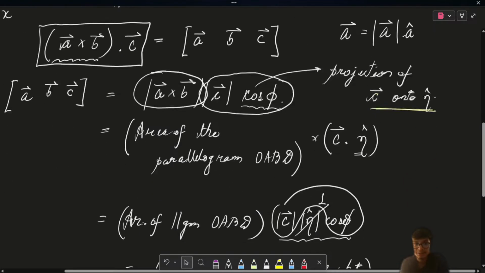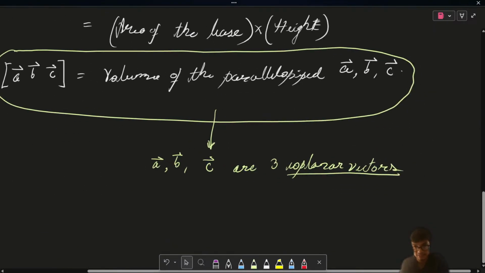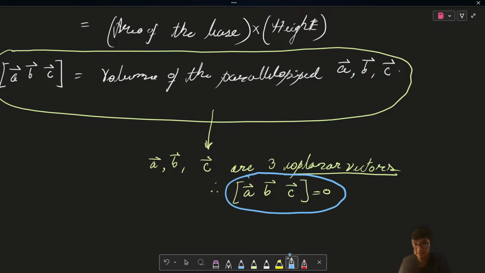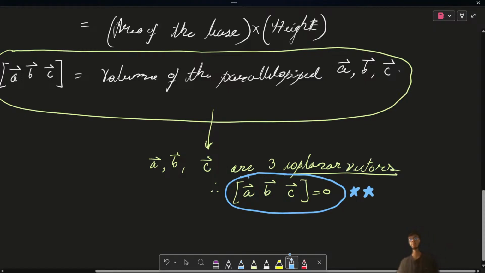So if my three vectors lie in the same plane, then the projection result is 0, and that implies that my scalar triple product will be simply equal to 0. Whenever this relation holds true, it is an indication that the three vectors are coplanar vectors. So please note this result, because we will be using it simultaneously in solving questions. I hope this is clear to all of you.